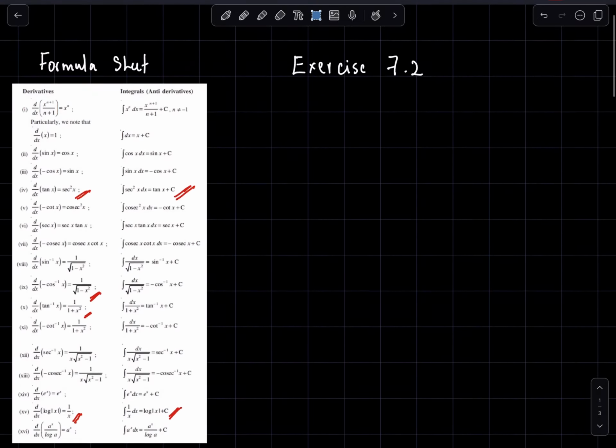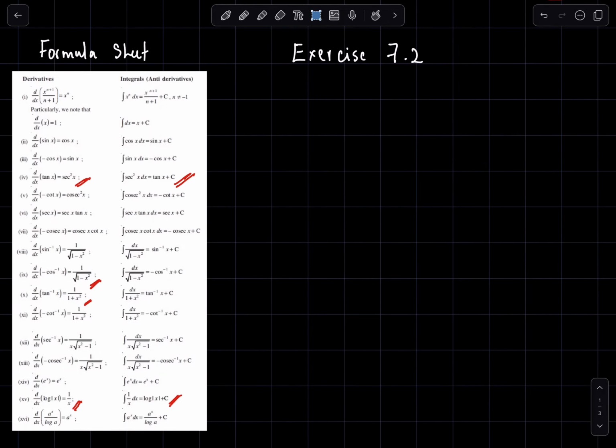Question number 33. So like we said, we have to break down tan. The question is the integral of 1 divided by 1 minus tan x dx. Again, like I said, if you see tan x, break it down into sine and cosine.